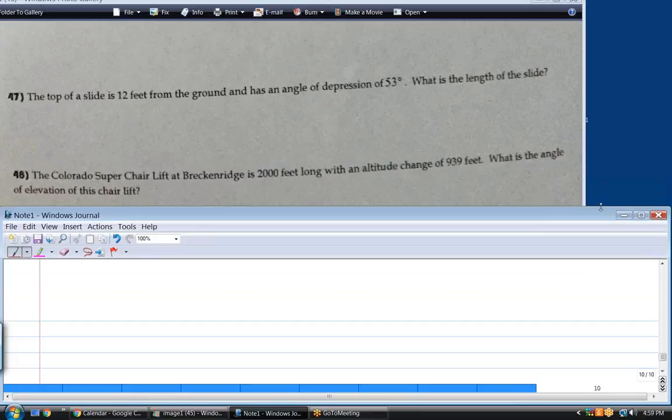Okay, so the chairlift is 2,000 feet long with an altitude change of 939 feet. What's the angle of elevation? So we know it's a triangle. There's the top. There's the chairlift as my hypotenuse. Tell me how to draw the rest of this triangle. 2,000 is the hypotenuse.